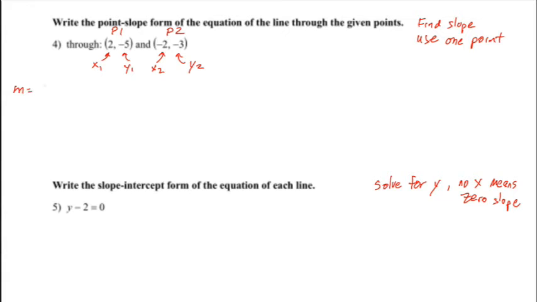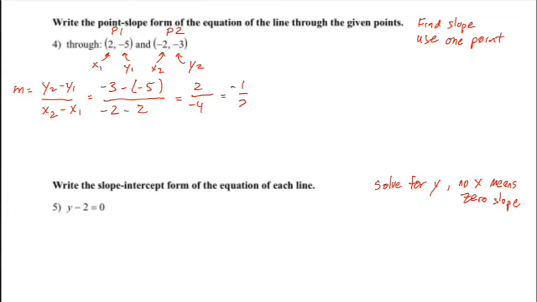We know that m is equal to y2 minus y1 divided by x2 minus x1. We're going to plug those values in. y2 is minus 3. We're going to subtract a minus 5 from that, from y1. x2 is minus 2. Minus x1 is 2. And this turns into 2 divided by minus 4, which is equal to minus 1/2.